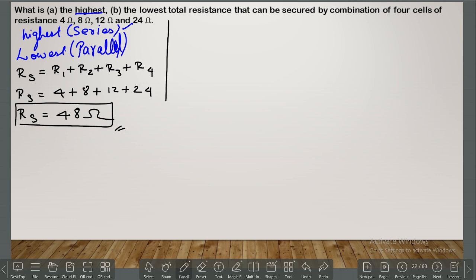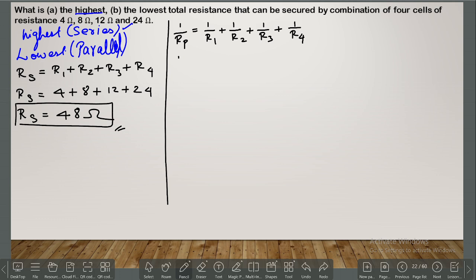Now we will try for the lowest. Lowest means it is going to be parallel. What is the parallel formula? 1/Rp is equal to 1/R1 plus 1/R2 plus 1/R3 plus 1/R4.